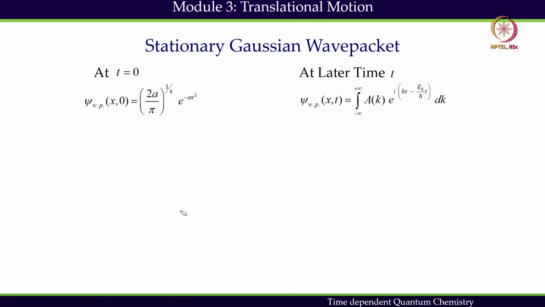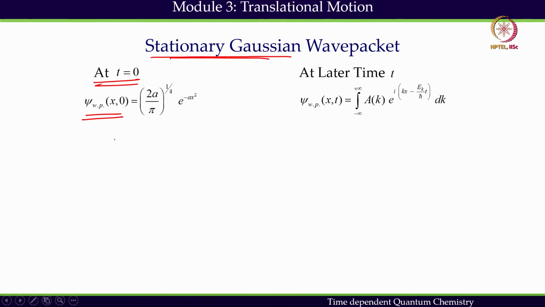So, as we have mentioned before, at t equals 0 I have to make a good guess for the wave packet, and here I have considered a normalized stationary Gaussian wave packet. We are first looking at the stationary Gaussian wave packet where I do not use the e to the power i k x part. This I remove.